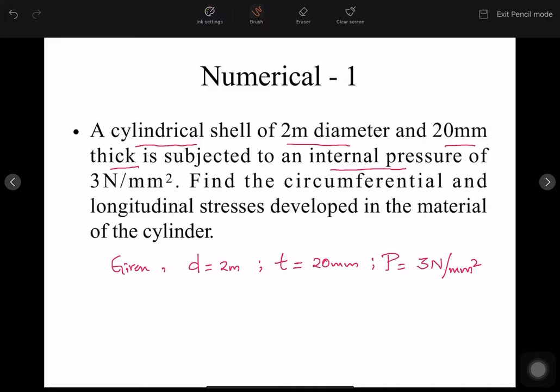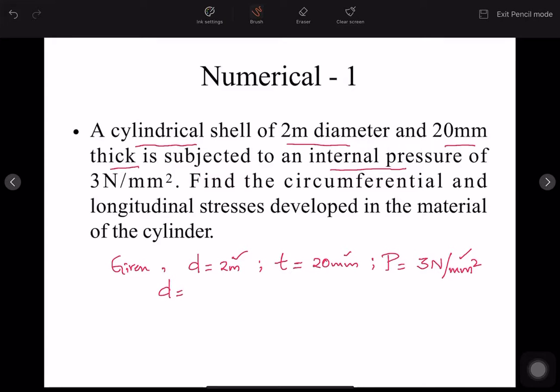Better to convert the whole thing into mm. Instead of converting two values into meter, it is easy to convert one value into mm.